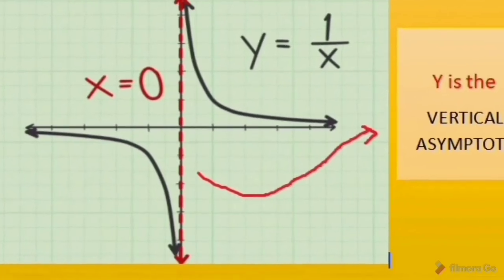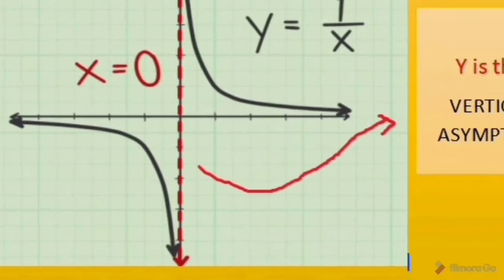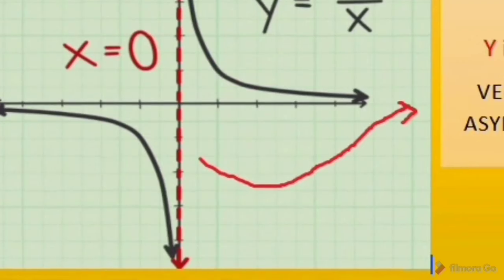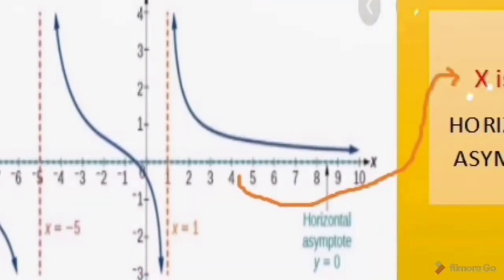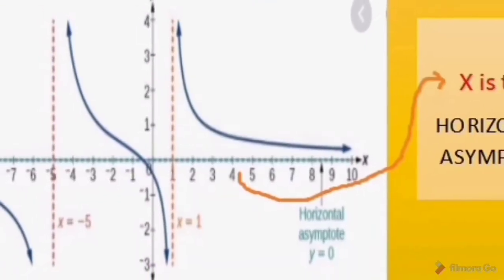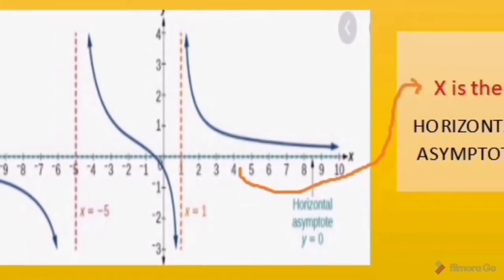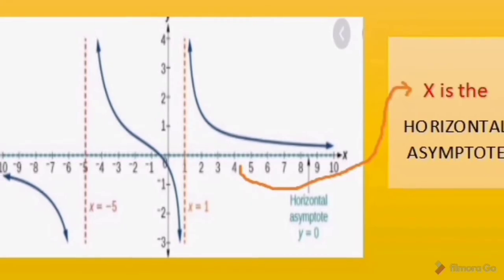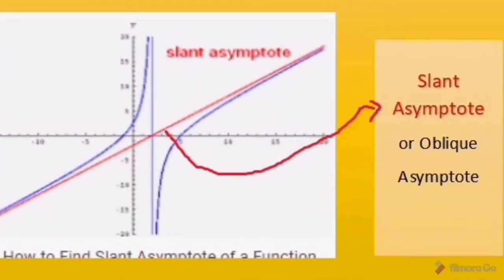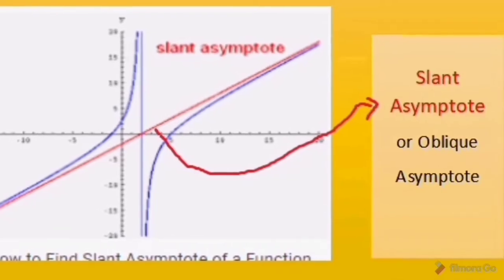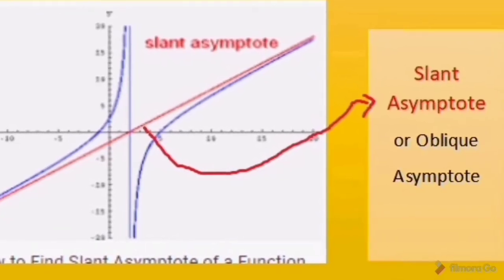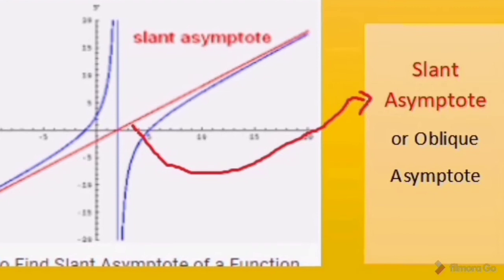Y is the vertical asymptote. X is the horizontal asymptote. Slant asymptote or oblique asymptote.